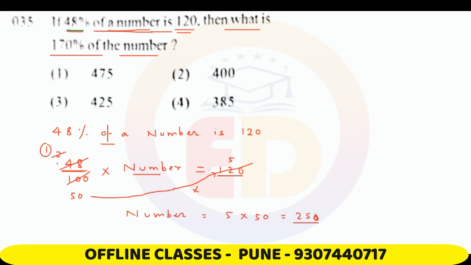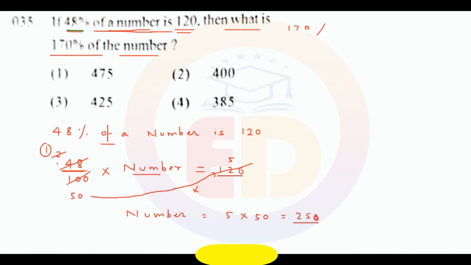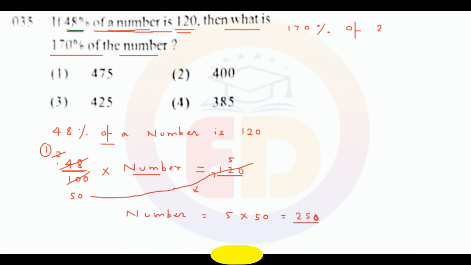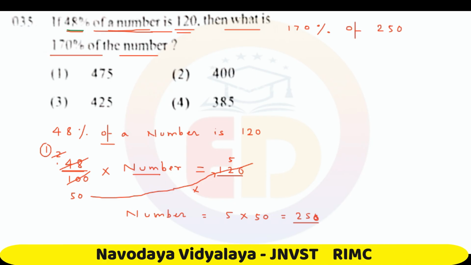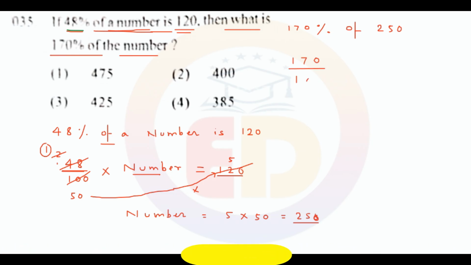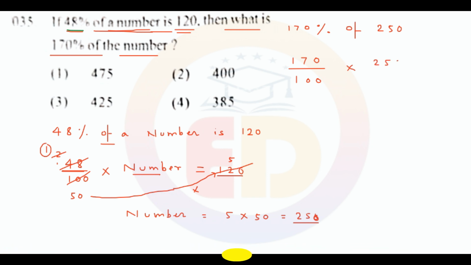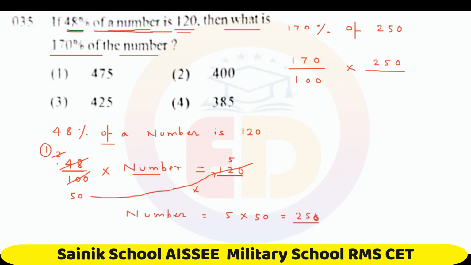Our answer is not done yet. Now we have to find 170% of the number. Our number is 250. So 170% of 250 is 170 upon 100 multiplied by 250. 250 will act as part of the numerator.